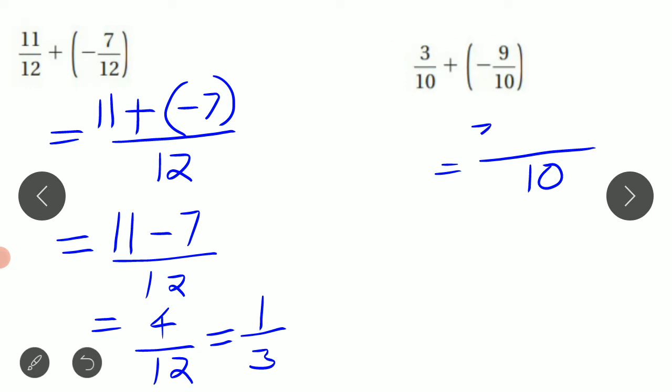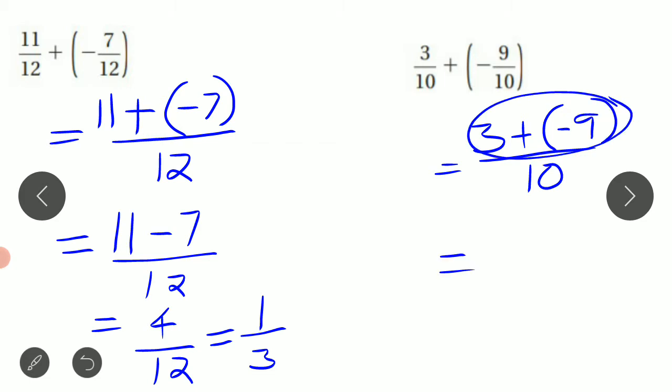So the first numerator 3, here the operation plus, and the second numerator minus 9. So within the bracket we write equal to, let's open the bracket, we are simplifying the integers. So 3 plus into minus 9 by 10.